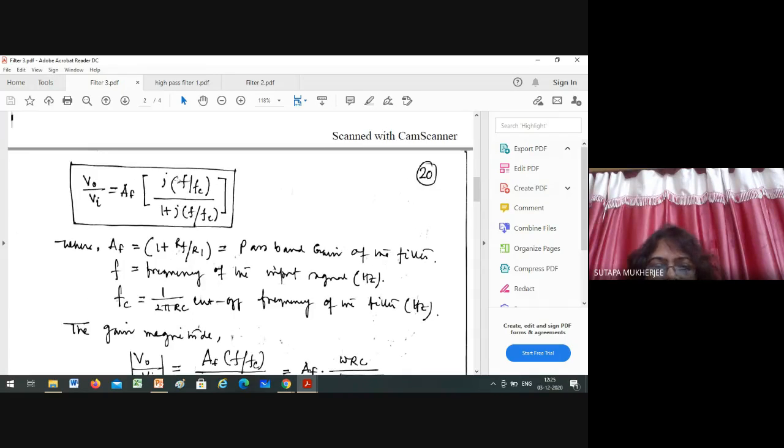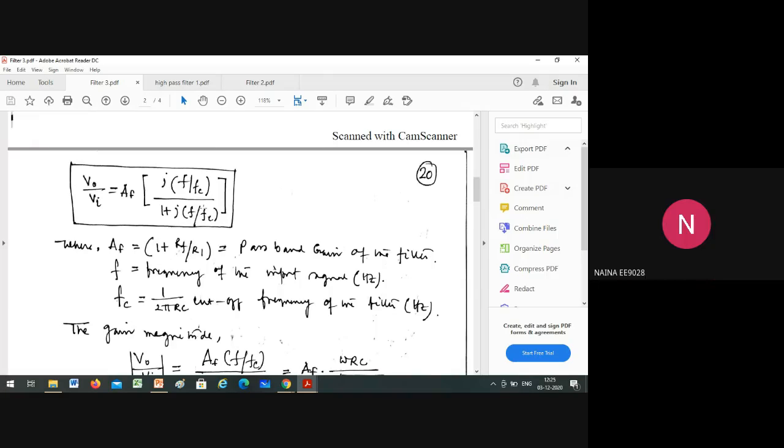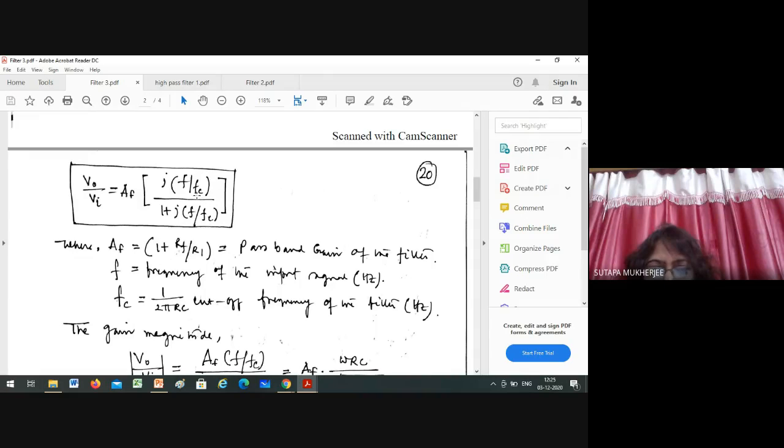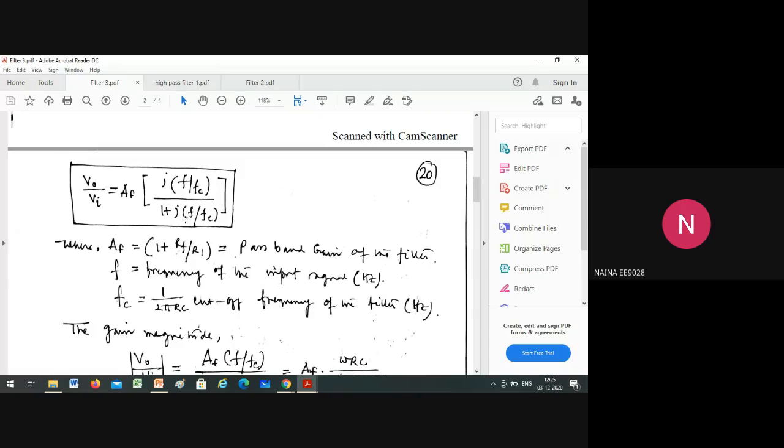If f is less than fc, what will be the value of that fraction? It will be less. If you multiply the less fraction into f, is that value less than f or greater than f? Less than f.